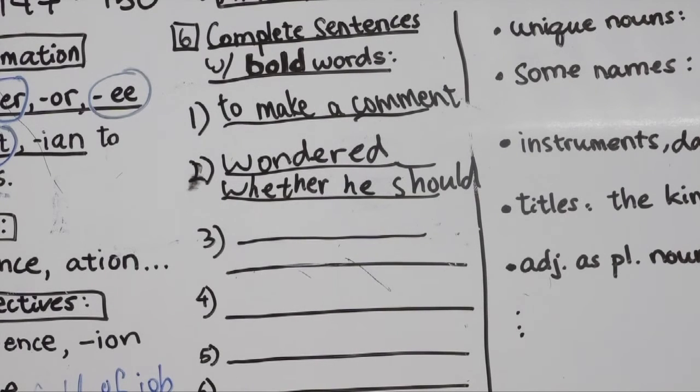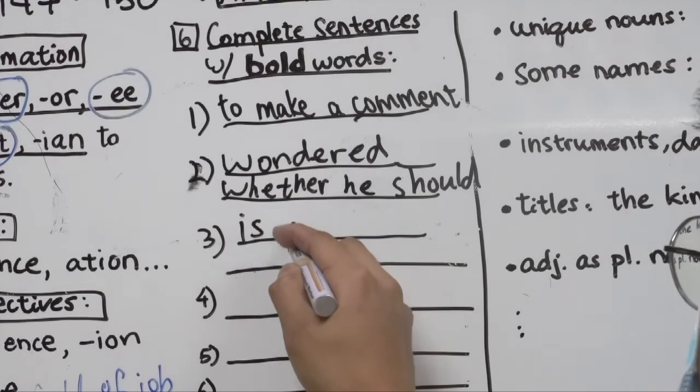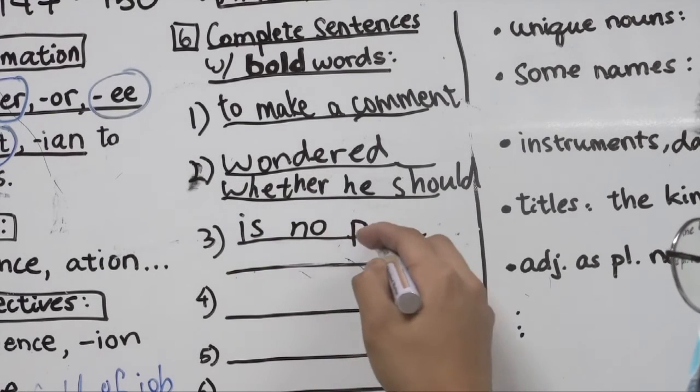All right, what about the next one? It's not worth talking to him. Not worth anything means it's pointless, right? It's pointless. We shouldn't have done it anyway. So the word there is point. We have to make it into a negative, so there is no point.